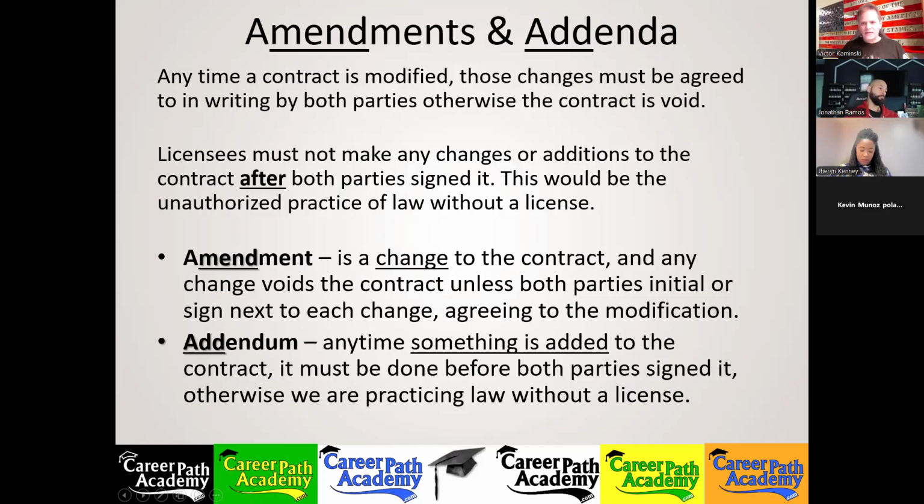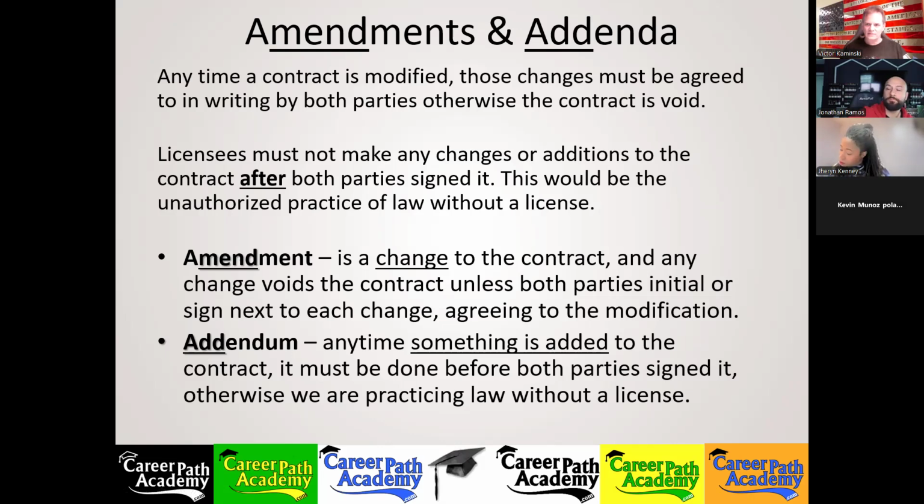However, if one party signed a contract and the other didn't yet, and we're doing negotiations, you could always make a change to it, which we'll call an amendment. The word amendment has the word mend in it. That means you're fixing it. You're making a change, right? So an amendment is a change to a contract. And anytime you make an amendment to a contract, first of all, you can't do it if both parties have signed it already.